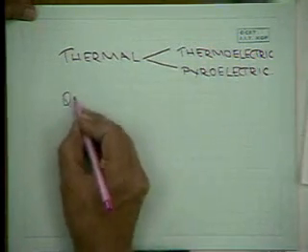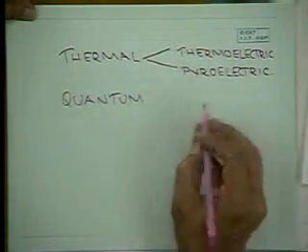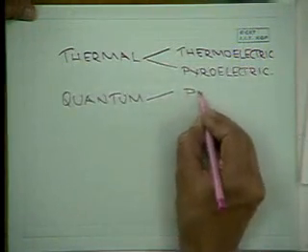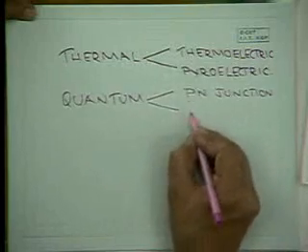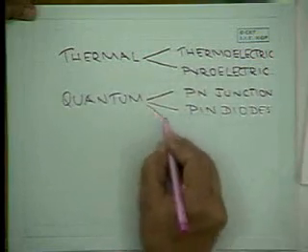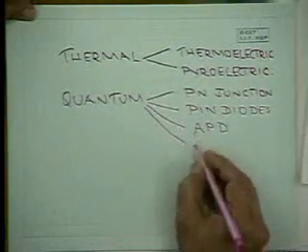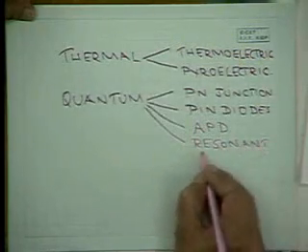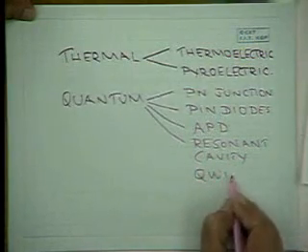The quantum detectors are the ones that have shown rapid improvement in recent times, and these include p-n junction, PIN diodes, avalanche photodiodes, and more recently resonant cavity detectors, and finally quantum well infrared photodetectors.